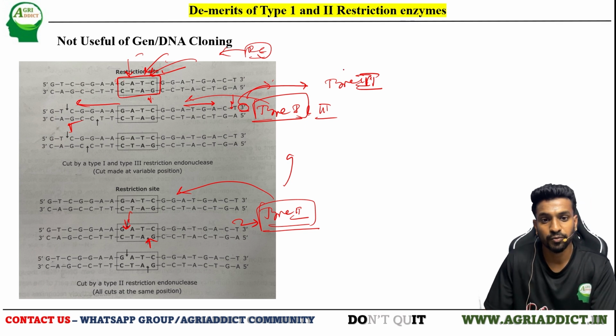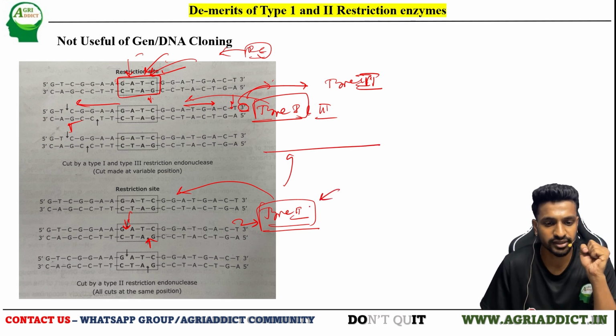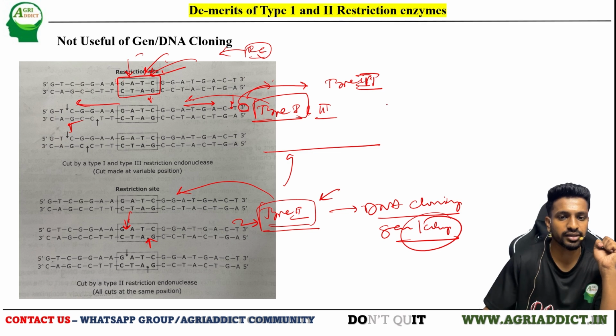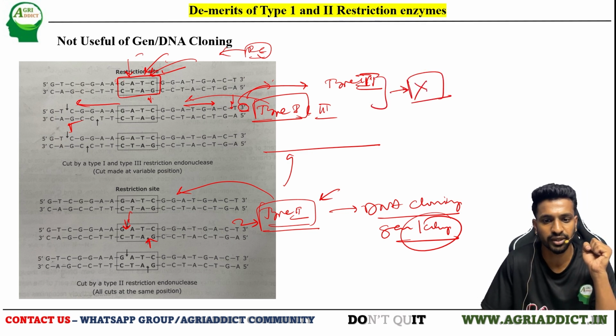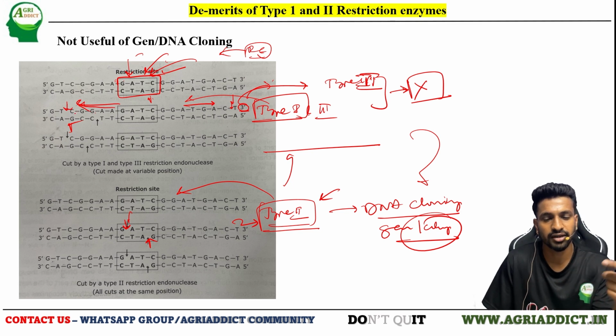The reason I'm emphasizing this is that this particular property of type 2, which can cut within the restriction sites, is primarily used in DNA cloning or gene cloning. The type 1 and type 3 cannot be used for gene cloning. Why? Because the cuts which are made further away are not the same every time.